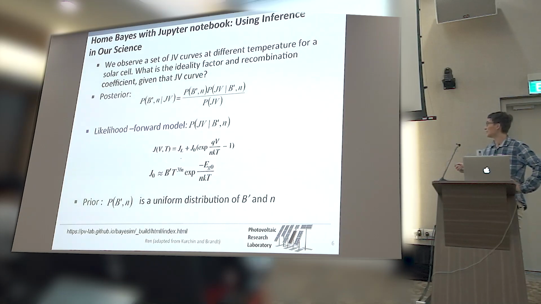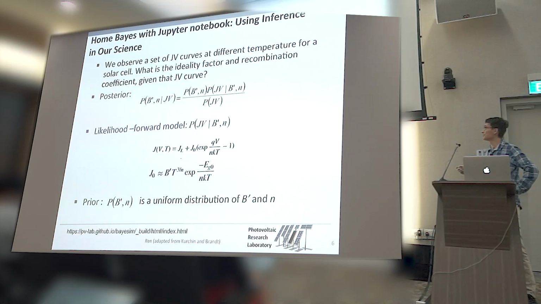So J is the output of your measurement, the current, given a set of V and T. V is voltage, T is the temperature. So in the experiment, you are varying your bias voltage, you are changing your temperature, and then you are measuring your current.